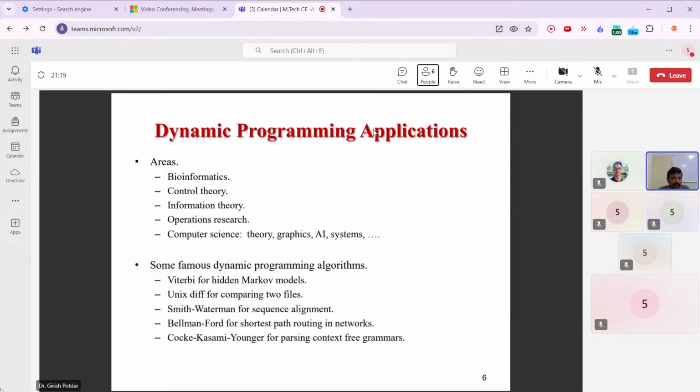Some famous dynamic programming algorithms which are even used today are Viterbi for hidden Markov models, Unix diff for comparing two files, where a dynamic programming approach is also used, Smith and Waterman for sequence alignment, Bellman-Ford for shortest path routing algorithms in networks, and the CYK algorithm, Cocke, Kasami, and Younger, for parsing context-free grammars. There also dynamic programming is used.